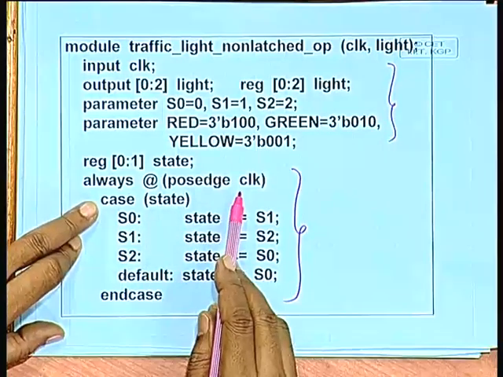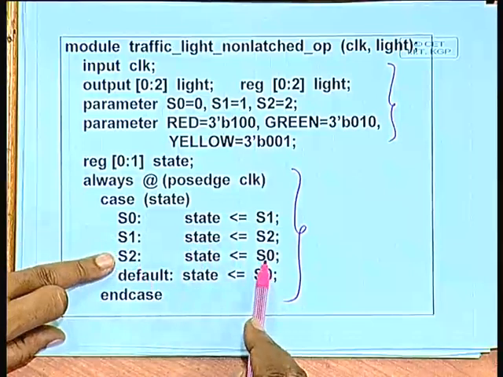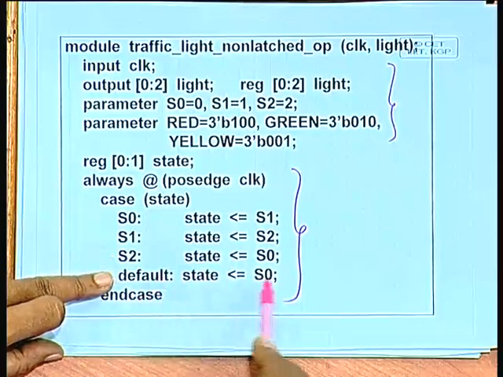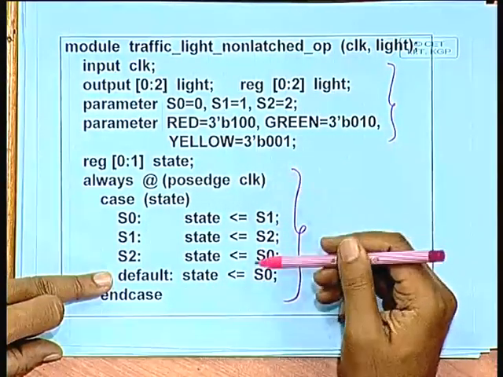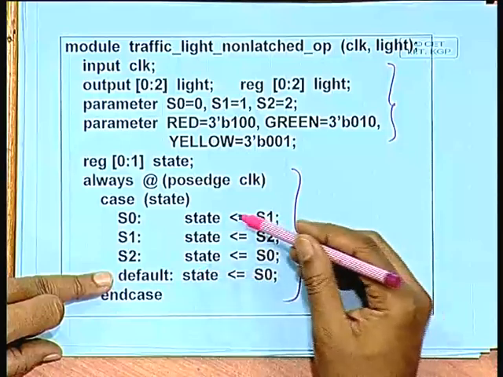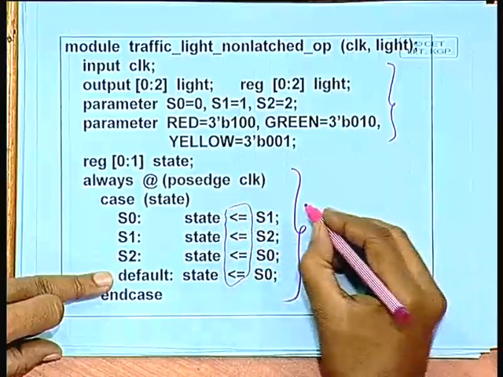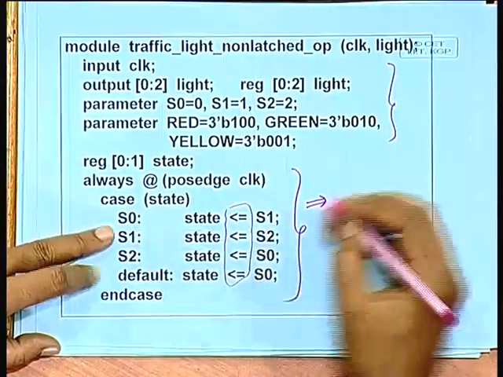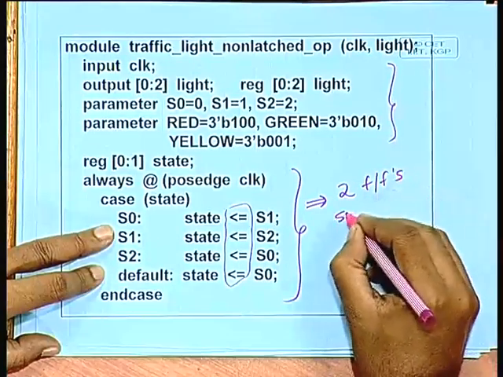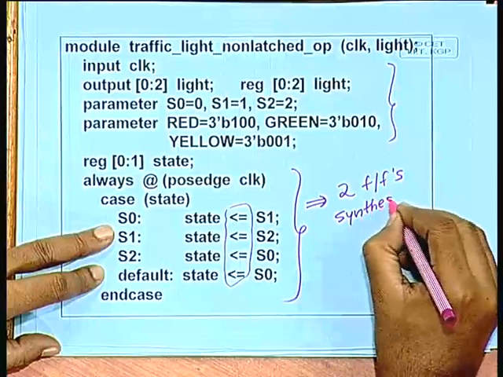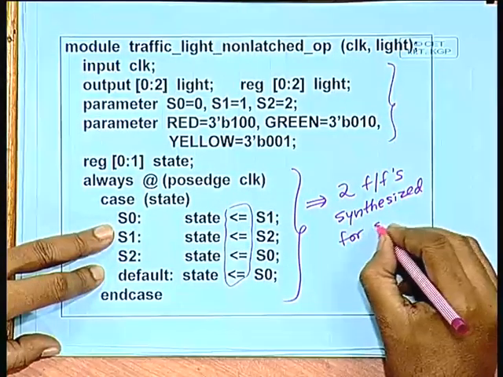If there is a positive edge of the clock, if the state is S0 then go to S1, if it is S1 go to S2, S2 then go to S0, default go to S0. So, here we are only modeling the state change behavior, and since this is a non-blocking assignment, this will imply that there will be two flip flops synthesized for storing the state.